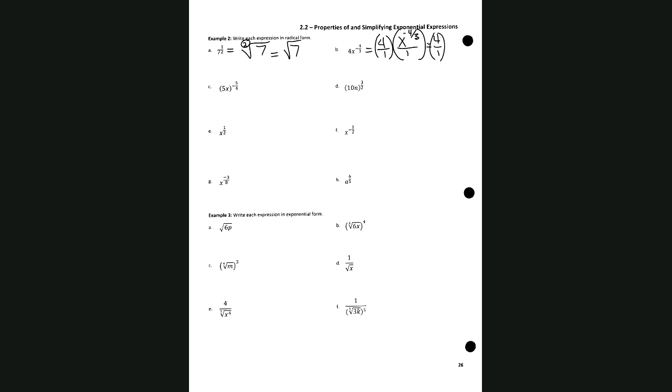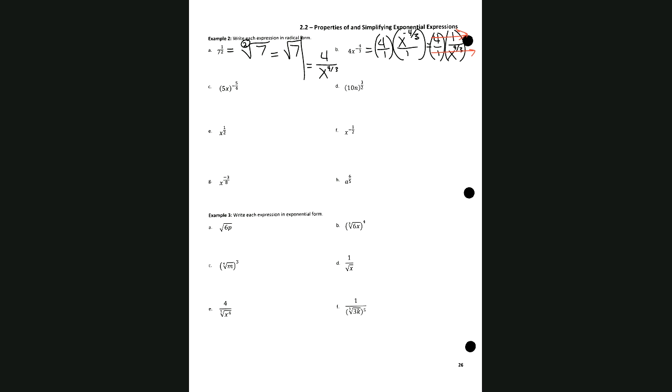And now I'm going to move the 1 up here, and the x to the power 4/3, now positive, will be on the bottom. Now from here, we could say that if we multiply straight across like that, we will get 4 over x to the power 4/3.